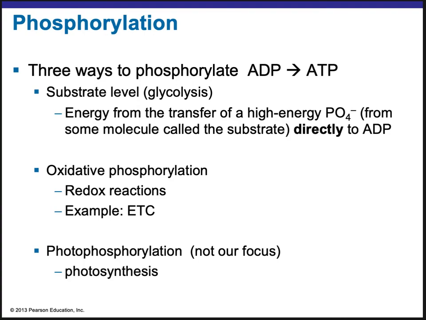I know that general bio will have a huge focus on photosynthesis. 4A also will have a section on photosynthesis, so I do not feel the need to cover it in our class, although we do have some photosynthetic microbes. Our photosynthetic microbes are not pathogenic, so I'm choosing to skip it. I can't cover everything in one class, right? I have to cut something somewhere. So that's one of them.